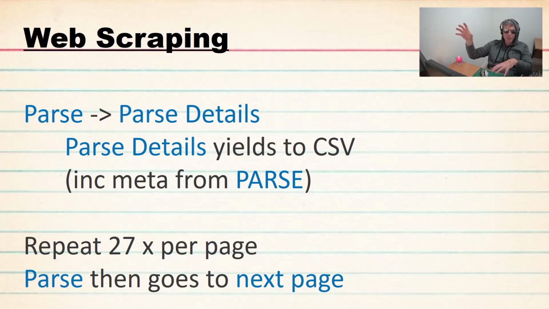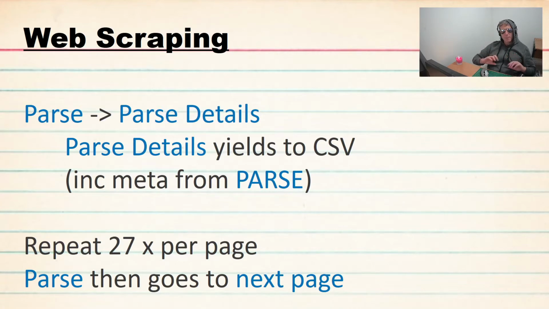So parse could, for instance, get the title, price, and so on, and pass those using meta down to the more detailed level, the child level, parse details, and parse details will yield everything to the CSV.